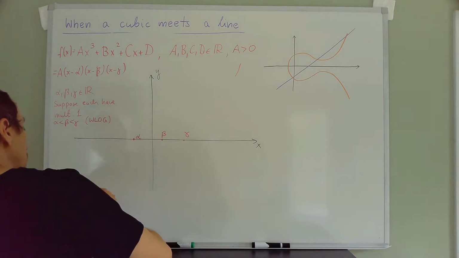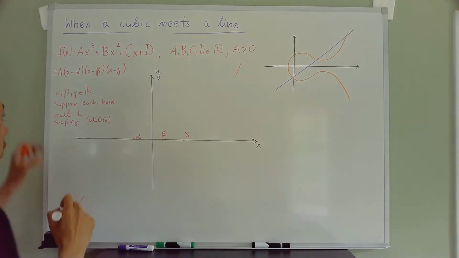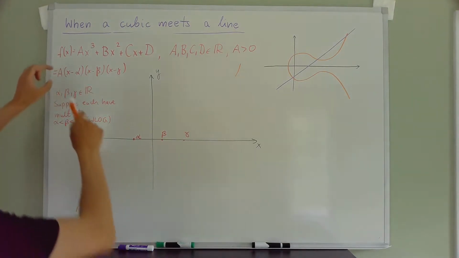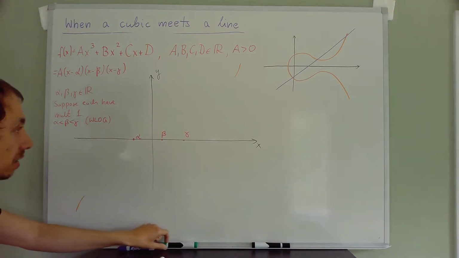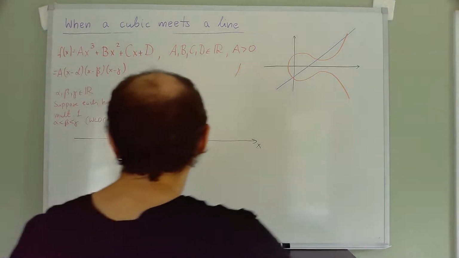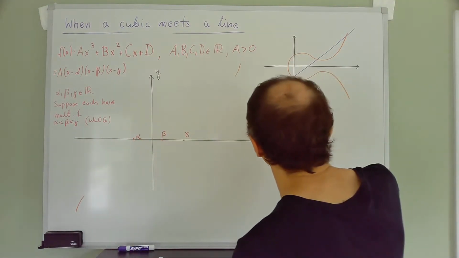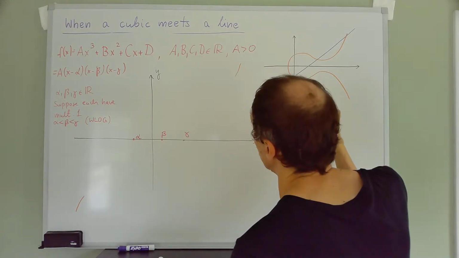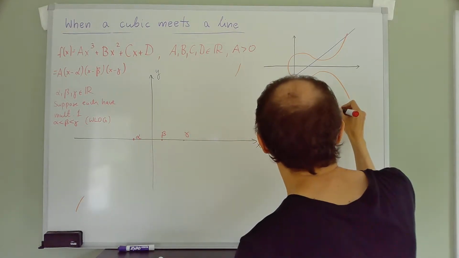So what happens now when I look at the sign of this polynomial? First I take a number that is to the left of alpha, so something less than alpha, and I look at this factorization. I'm going to rewrite it here again so you can analyze it separately: x minus alpha, x minus beta, x minus gamma.